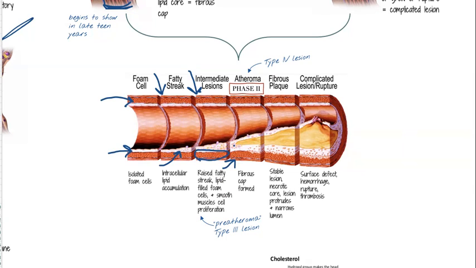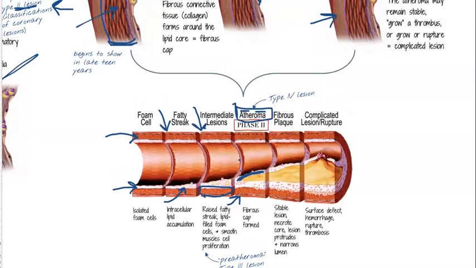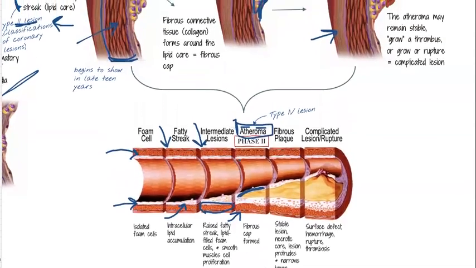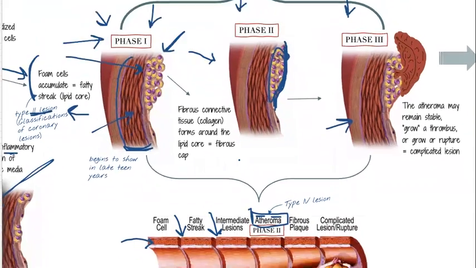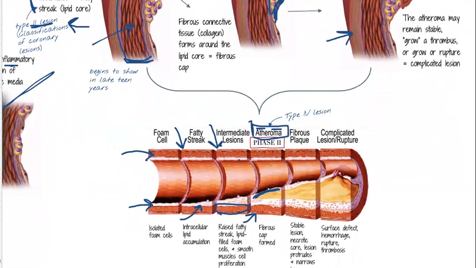Once we get to the place where that fibrous cap is formed, that is what we would call an atheroma, right? Again, this is just a growth, and athero, we've talked about what that means already. So really it's the same information, just presented a little bit differently. I just found it a little bit confusing looking through, and I wanted to clarify.